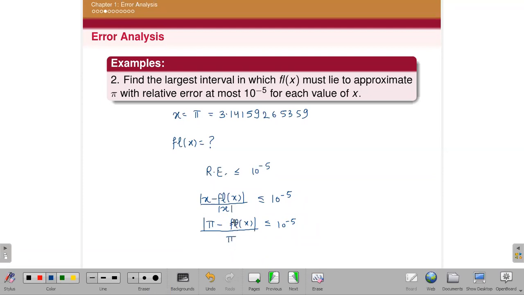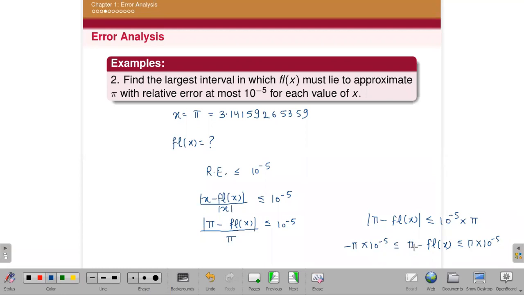You can find the interval for FL of x from here. So if I multiply it both sides, it will be modulus of pi minus FL of x less than equal to 10 raised to power -5 into pi. So now if I remove this modulus, then it will be minus pi into 10 raised to power -5 less than equal to pi minus FL of x less than equal to pi into 10 raised to power -5.